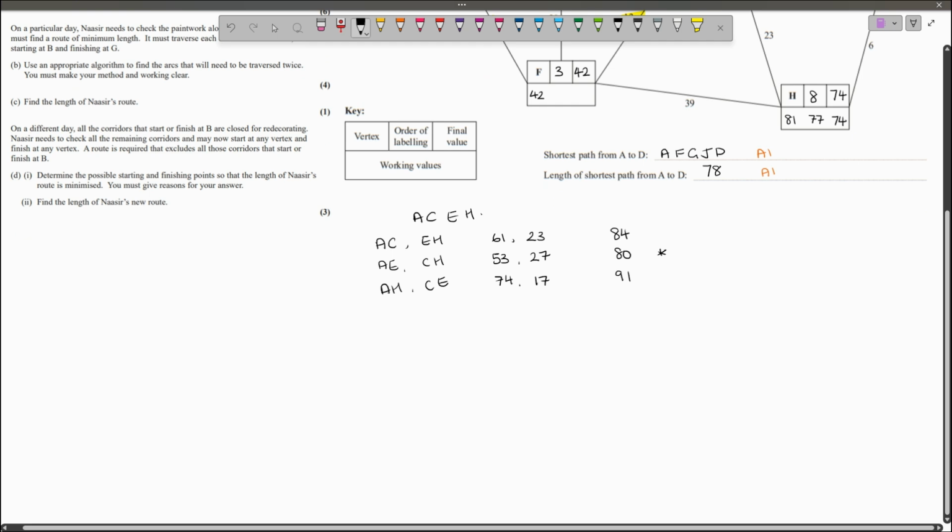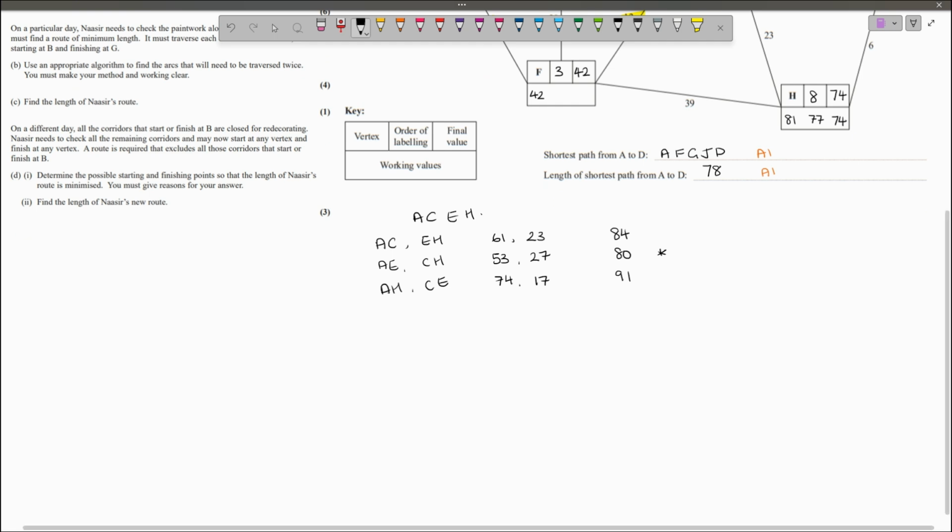But when we're asked to state the arcs that need to be traversed twice, the answer is not AE and CH. These are the paths that we need to traverse twice.